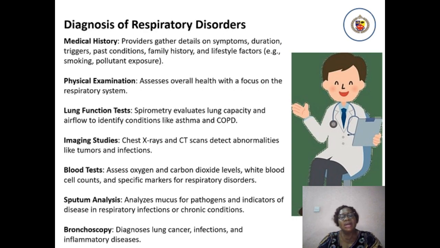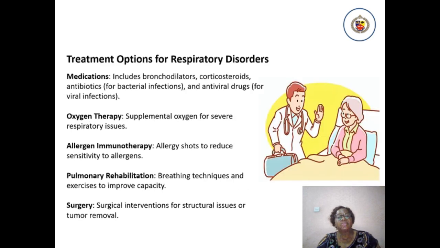Blood tests assess oxygen and carbon dioxide levels, white blood cell counts and specific markers for respiratory disorders. An increase in white blood cells indicates infection. Sputum analysis looks for pathogens and indicators of disease in respiratory infections or chronic conditions. Bronchoscopy diagnoses lung cancer, infections, and inflammatory diseases.